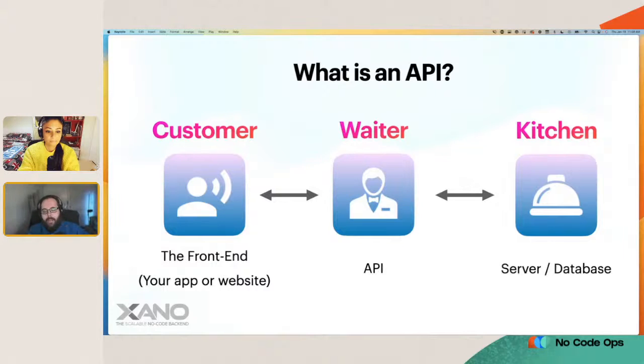The kitchen hands it back to the waiter, and then the waiter returns it back to you. So you have your request, which is making your order, and then your response, which is receiving that order back as expected. So just a quick little analogy there for you to hopefully understand what an API actually is in more real world terms. I'm never gonna look at waiters the same way again.